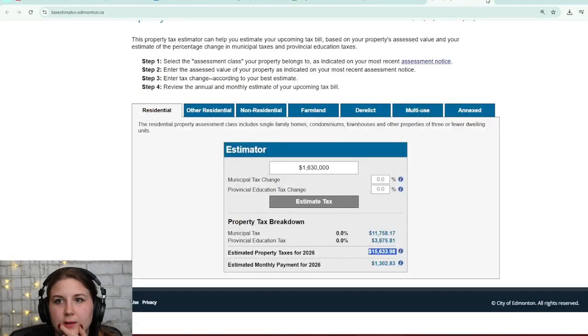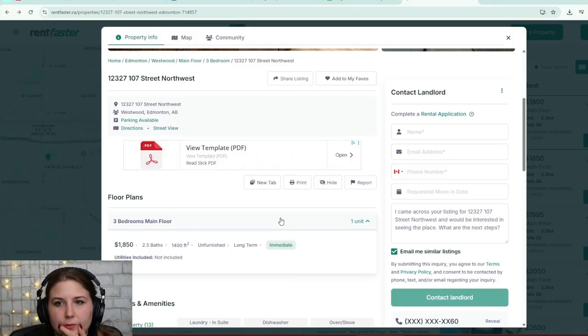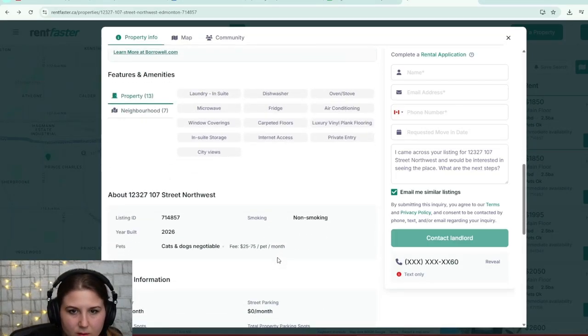Let me get rid of these tabs, sorry. Okie dokie. So we should have 3 bedrooms. Laundry and suite, that's the same. Ooh, this one has air conditioning. Nice.